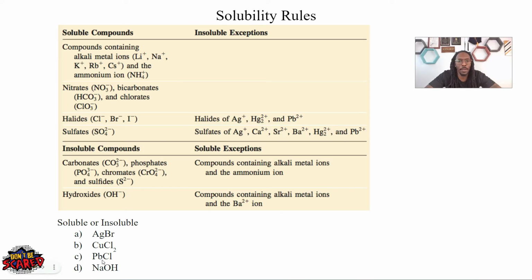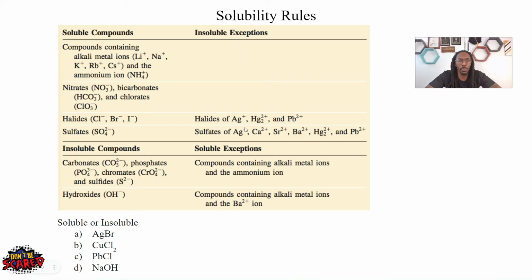Lead chloride, Pb, now chlorine. Once again, another halide. Is this going to be soluble or insoluble? Let's look at it. Cl normally is going to be soluble. However, if you combine with one of these metals, Ag, Hg, Pb, it then becomes insoluble.